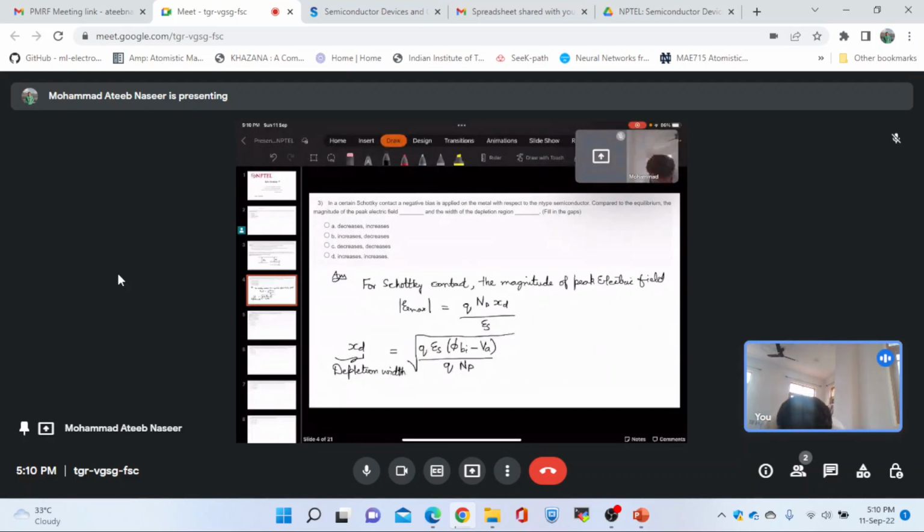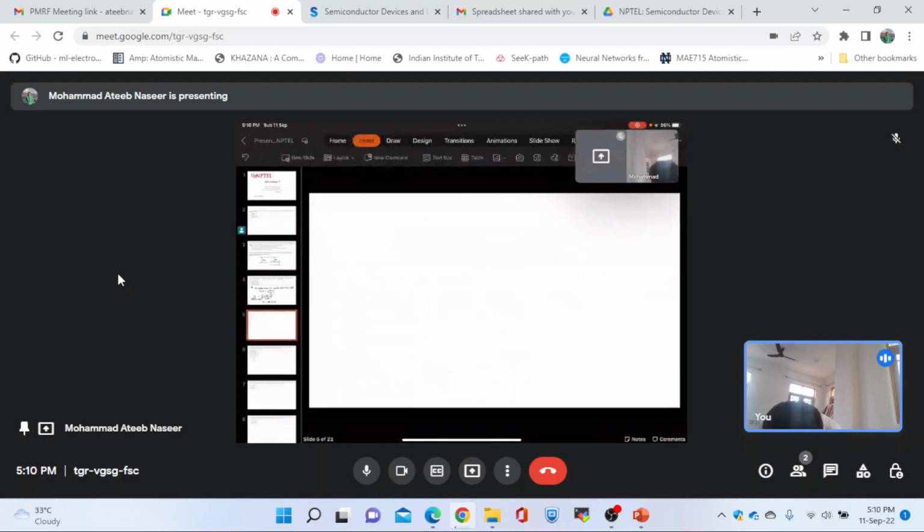Now, in here, this Va is the applied bias. If we consider the equilibrium case, then this Va will simply be equal to 0.